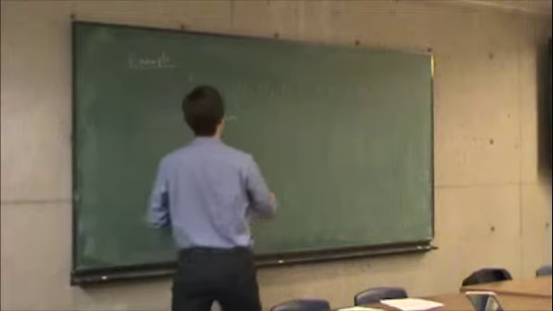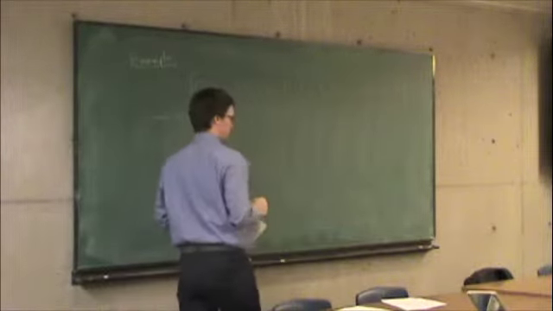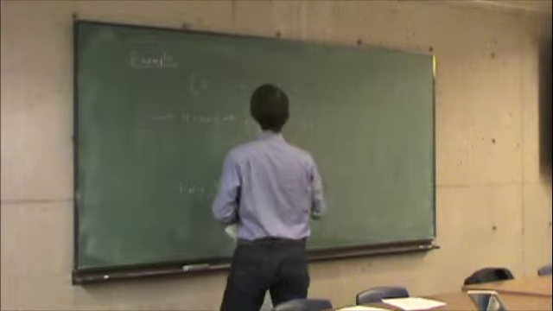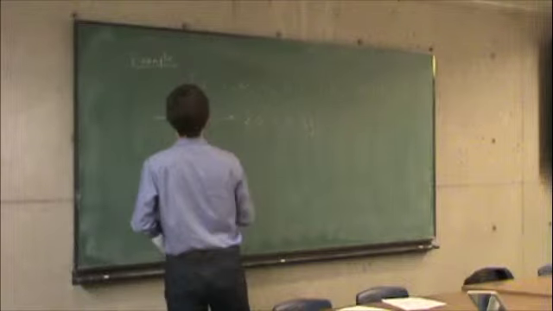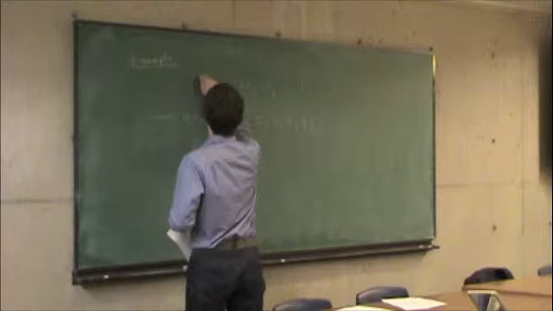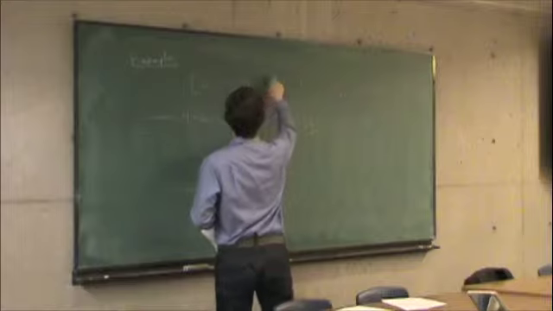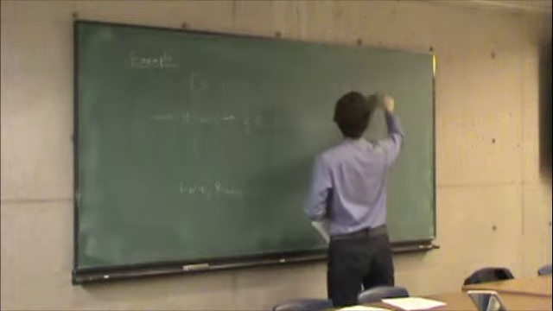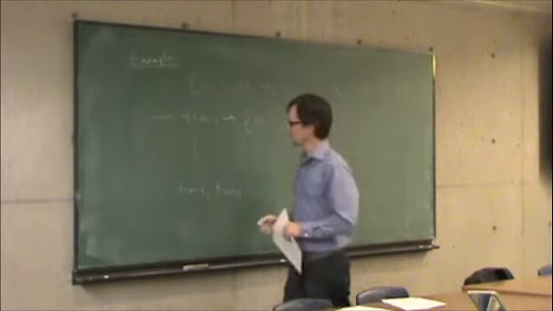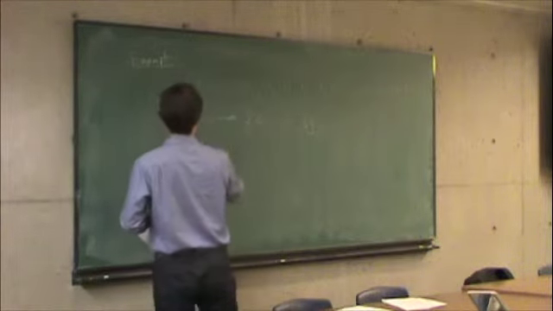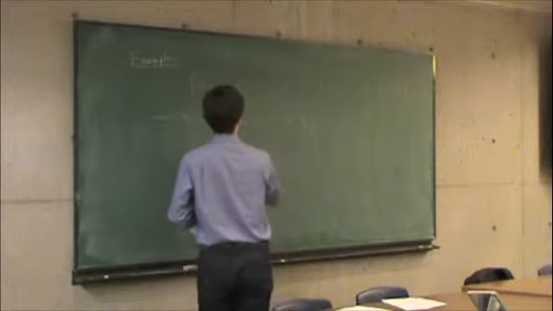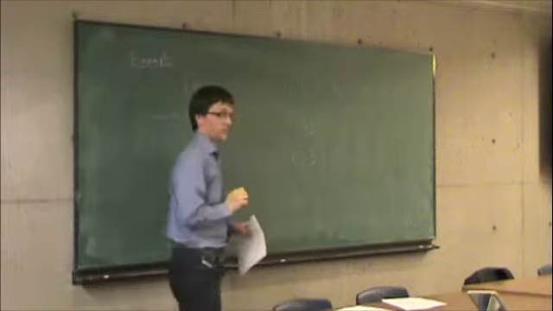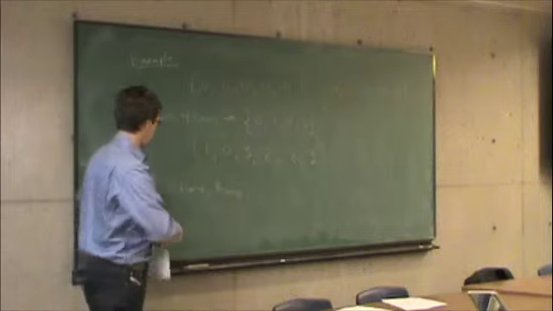So in 4-ary, I have 4 symbols that I can send, 0, 1, 2, 3. And what I'm going to do is I'm just going to group together 0, 1, 0, 0, 1, 1, 1, 0, 1, 0, 1, 1. So what I would get is 1, 0, 3, 2, 2, 3. So there's my string in 4-ary.